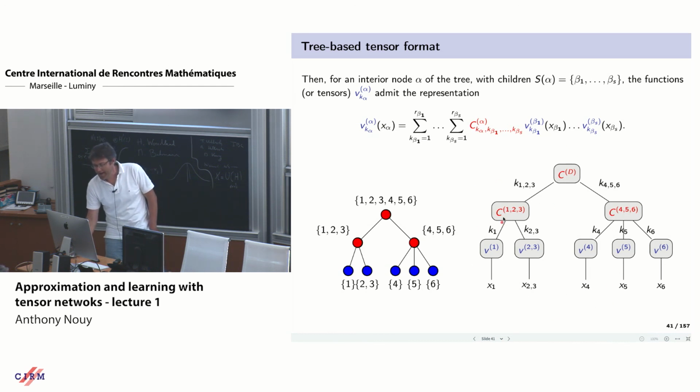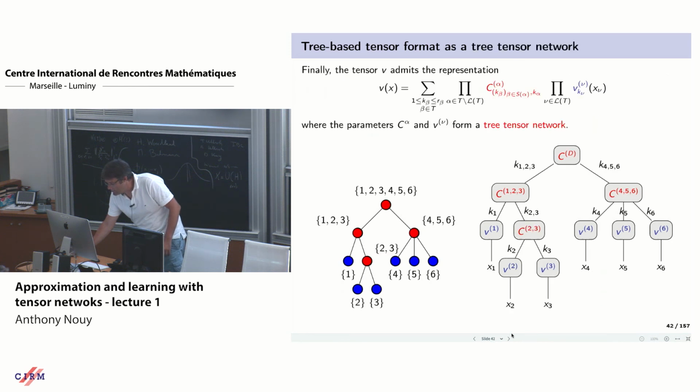Now I know that there exists a representation like this, with here algebraic tensors of coefficients. And here, these are collections of functions depending on x1, x2, x3. And there is a last step because there is still one node here to split, for which we will introduce a partition. And we end up with a representation like this.